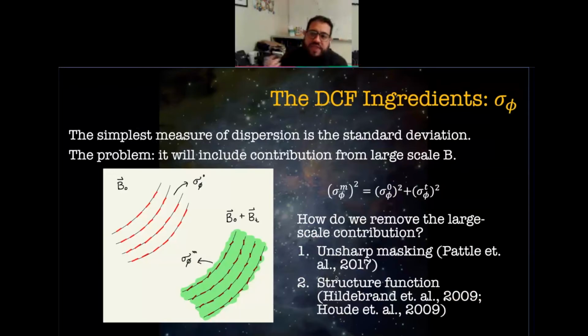Now, on to what I think requires a little bit more work of the DCF ingredients, which is the angular dispersion. Also because it's probably the one ingredient that I spend a little more time with. As I mentioned before, in many observations of these astrophysical objects, you will observe a magnetic field that has a large scale structure.